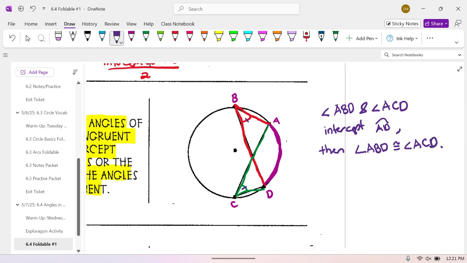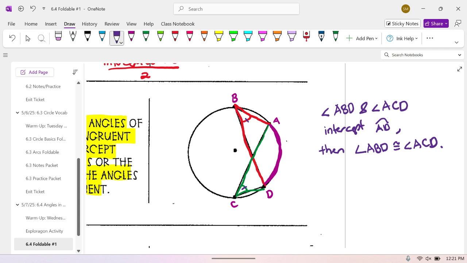Does that make sense? If they share the same arc, logically speaking, they have to be congruent. Also, if they intercept congruent arcs, those angles would be congruent.